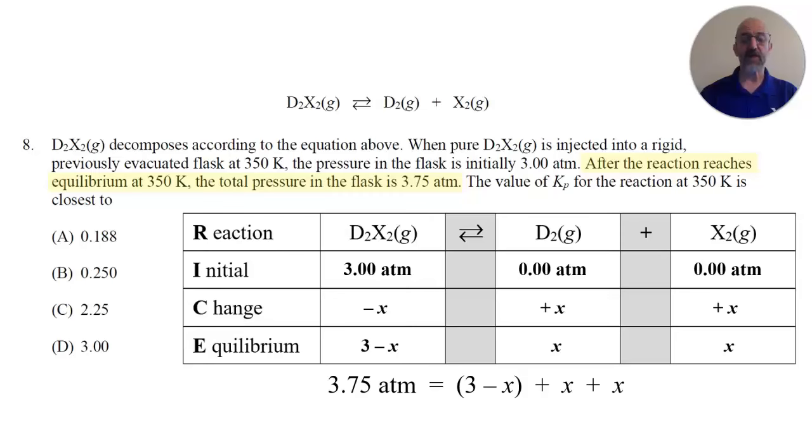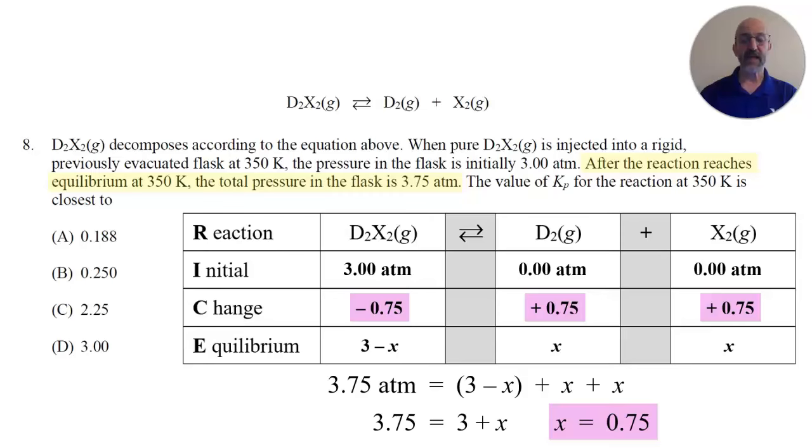And if 3.75 is equal to 3 plus x, just based on simplifying that algebraic equation, that means that the numerical value of x is equal to 0.75. So what I will do now is simply fill in the number 0.75 for x. So the change row of my RICE table becomes minus 0.75, plus 0.75, and plus 0.75.